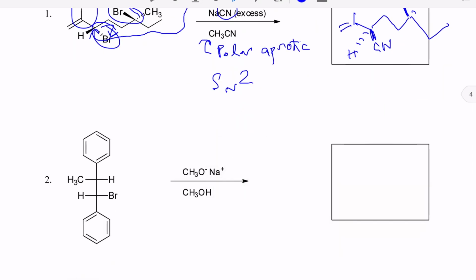For question number 2, we're given a Fischer projection of a molecule, and we're asked to evaluate the product after it reacts with the methoxide ion, or a methyl group attached to an oxygen, and overall that molecule is negatively charged, in a methanol solution. So we see that this methoxide group is actually a strong base.